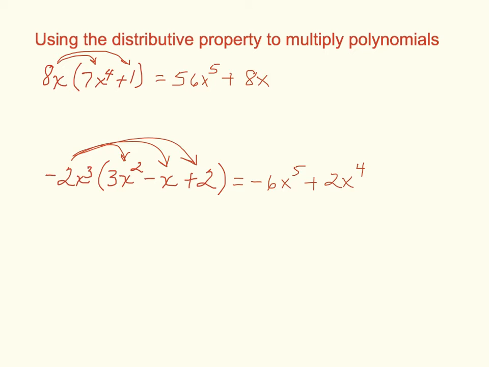And negative 2x cubed times positive 2 becomes negative 4x to the third. Negative 6x to the fifth, positive 2x to the fourth minus 4x to the third.